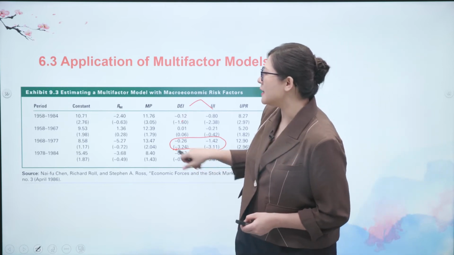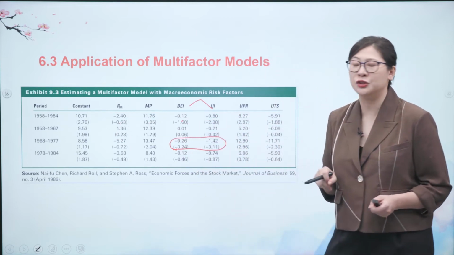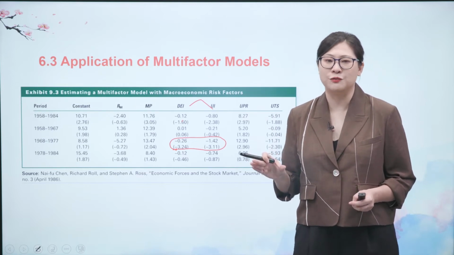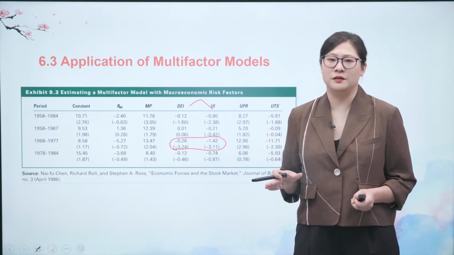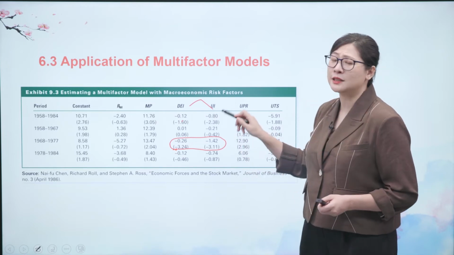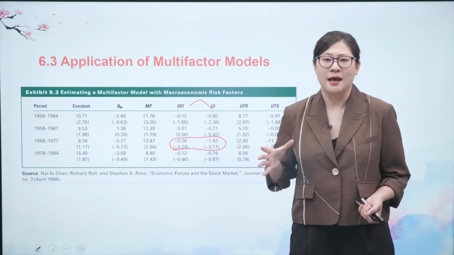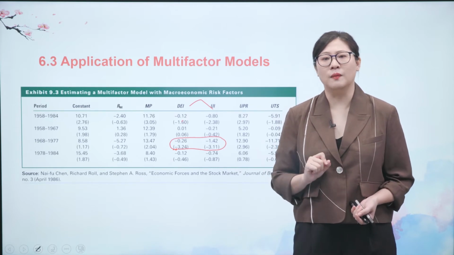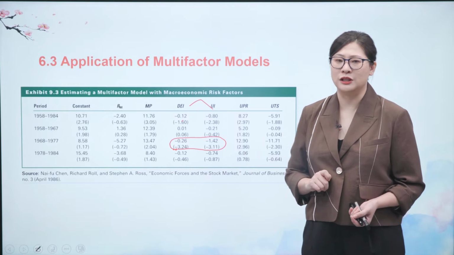Only in the period 1968 to 1977 are our regression results significant. For the rest of the time period, it is insignificant. So that's the first conclusion difference.